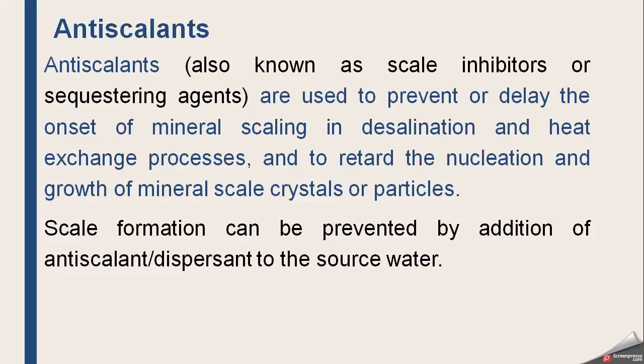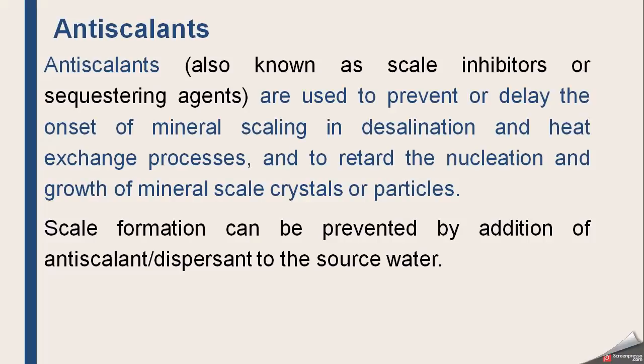These antiscalants retard the nucleation and growth of the mineral scale crystals or particles on the surfaces. So scale formation can be prevented by the addition of these antiscalant dispersants to the source water.